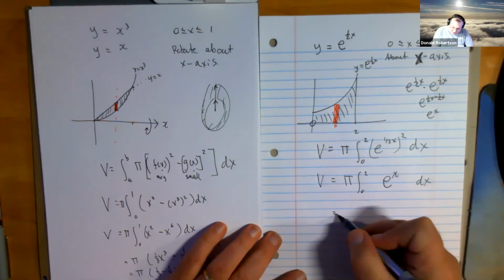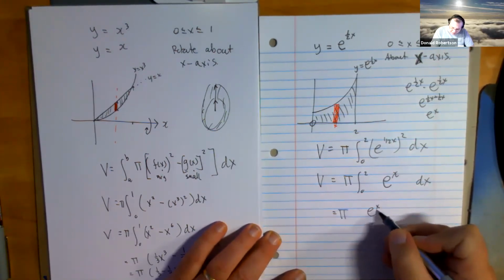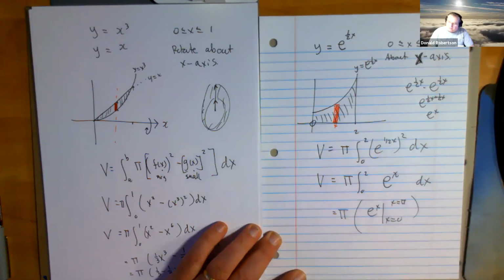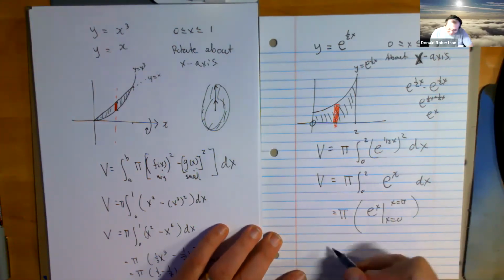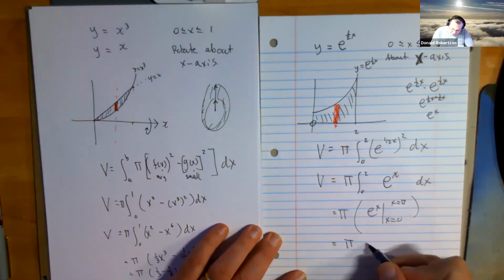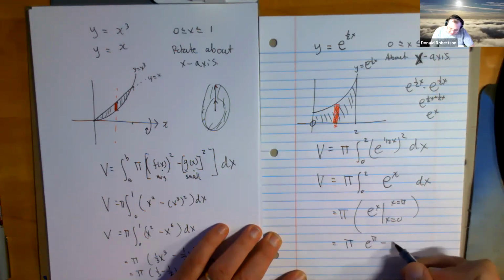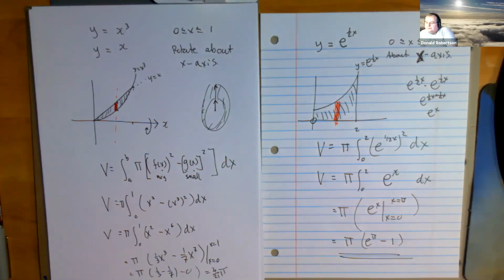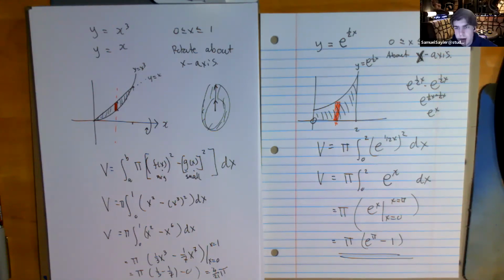This one is actually pretty easy to do, would you agree? E to the 1, take away e to the 0, which is 1. And that's considered the right answer. Where did you get e to the pi?